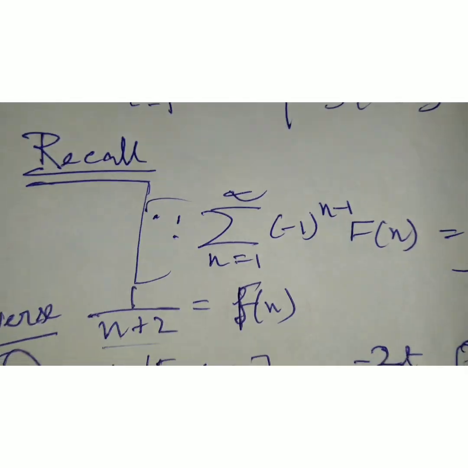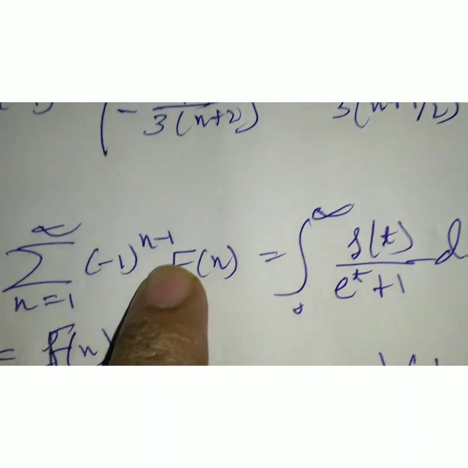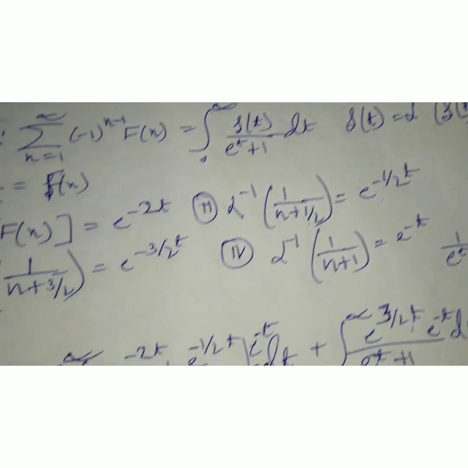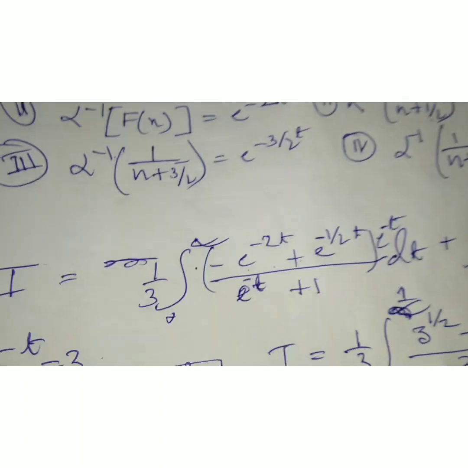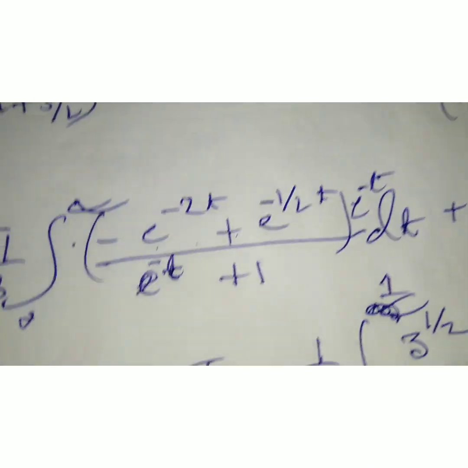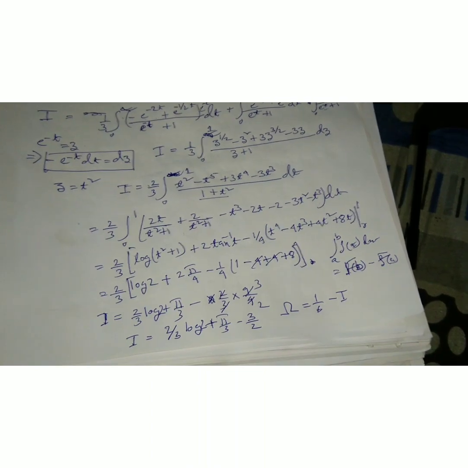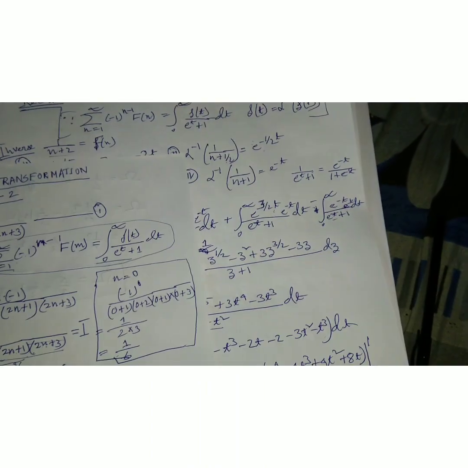Which formula do I use? I use this formula: minus 1 to the power n, f n, integral from 0 to infinity of f(t) e to the power t dt, f(t) and L inverse f(t). You can pause and note everything very quickly, and do not miss anything.